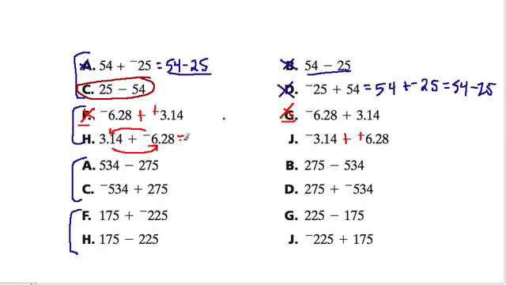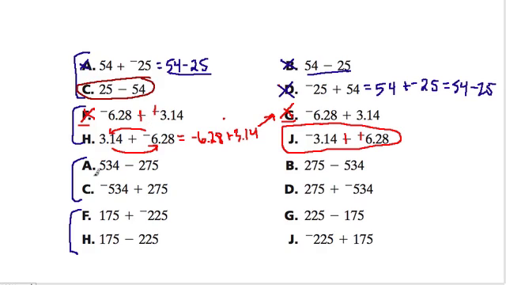So this can really be read as negative 6.28 plus 3.14, which is the same thing as G and F. So the one that doesn't belong here is J. Right? And I think that makes sense. Adding on 6.28 and taking away 6.28 or adding a negative 6.28 are certainly different from each other.